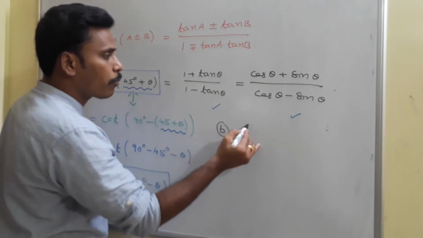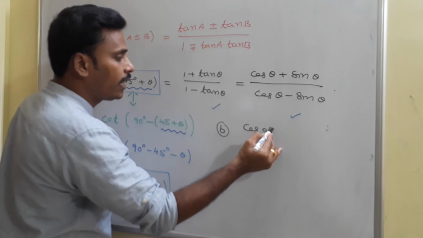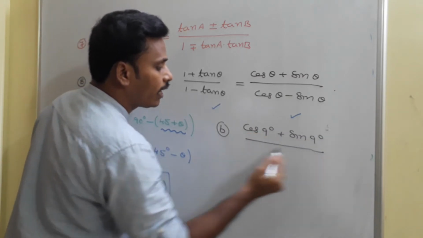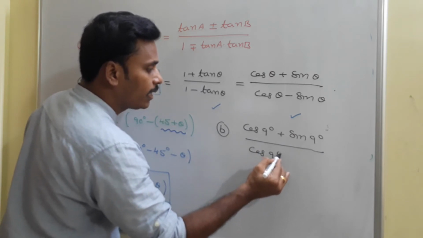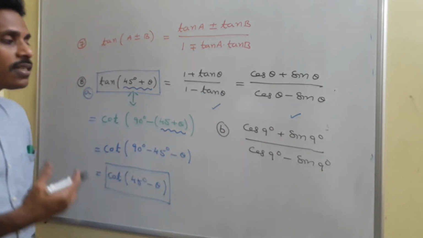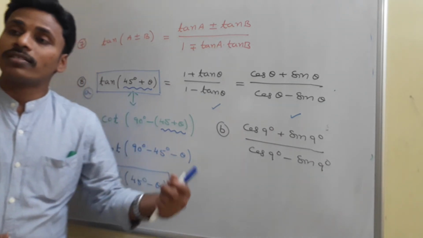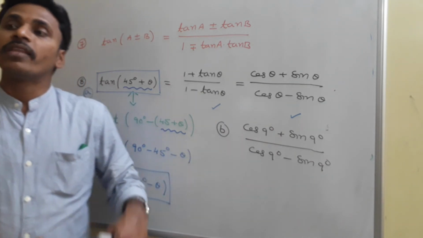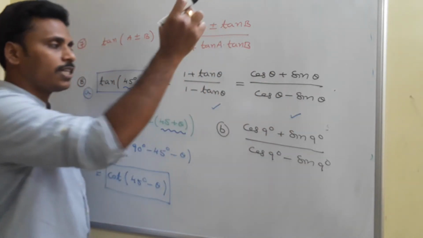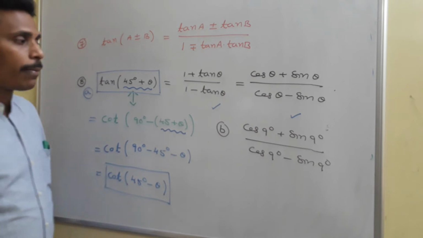See, B. Suppose I have (cos 9 degrees plus sin 9 degrees) divided by (cos 9 degrees minus sin 9 degrees). See, what is the simplified value for this? If you observe, it is of the format (cos theta plus sin theta) by (cos theta minus sin theta).